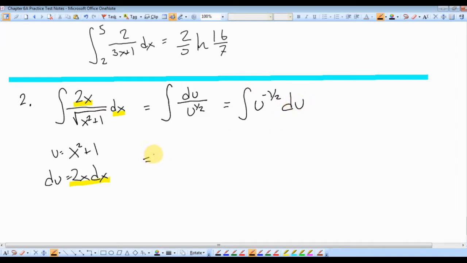Using the general power rule, negative 1/2 plus 1 is 1/2 positive. Reciprocal is 2. So 2 u to the 1/2 plus constant, which equals 2 square root x squared plus 1 plus constant.